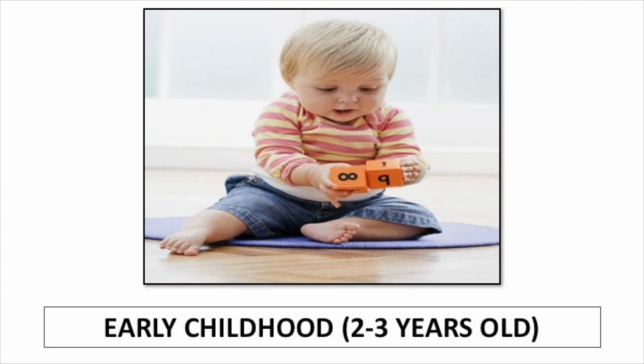We have early childhood. This is when we're still quite young. We can do some things ourselves and we begin to speak, but not very well. This stage of our life is around 2 to 3 years old.